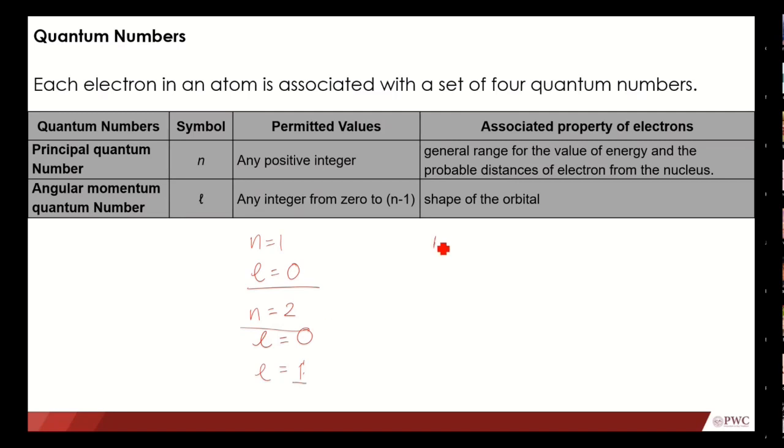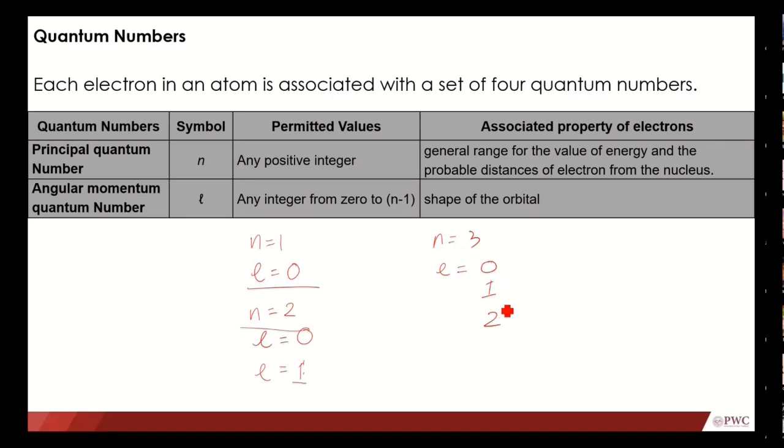Then let's go to n is equal to 3. This is the third main energy level. When n is equal to 3, what are the allowed values for l? It starts from 0, 1, and then are these the only allowed values? 2. Okay, it can be 0, 1, and 2. So on the third energy level, we can have three sublevels.